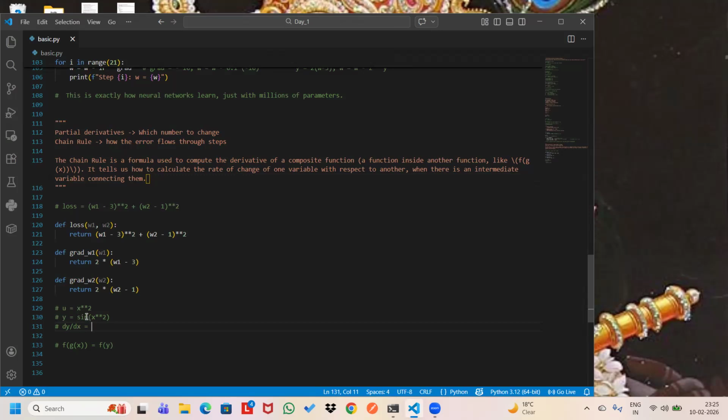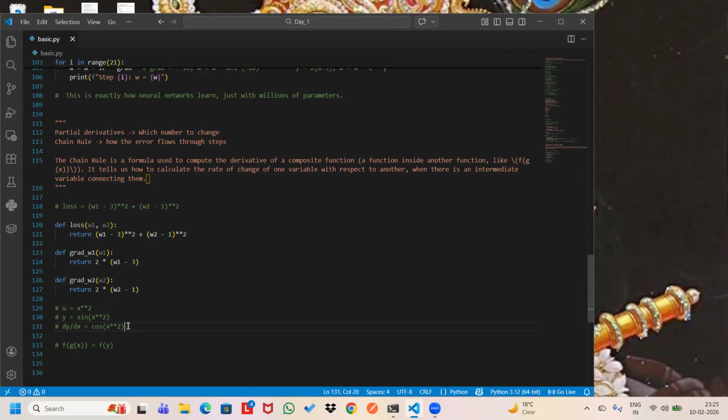That means I will first differentiate the outer function, which is sine. So the differentiation of sine will be cos. So this will be your cos function, and the thing which is inside it will stay the same, because this is another function and I'm not going to touch it right now.